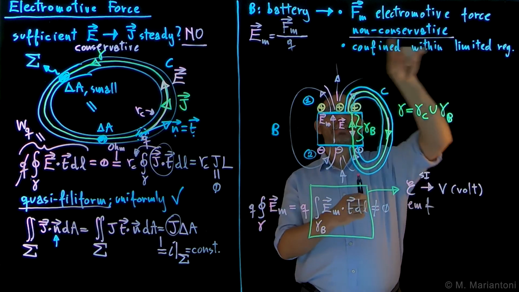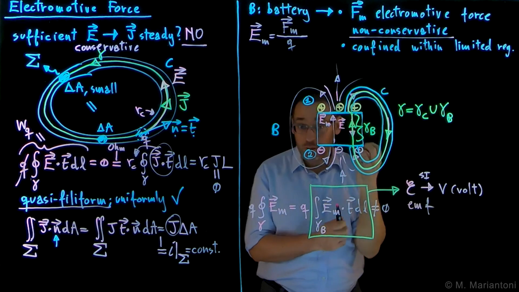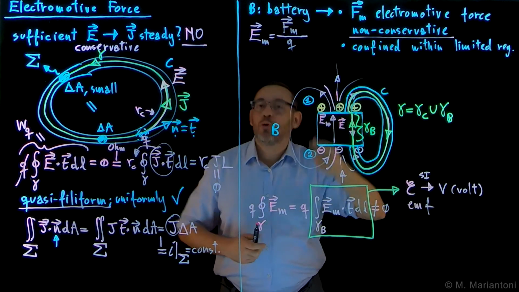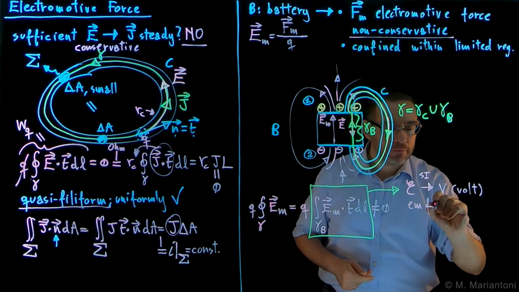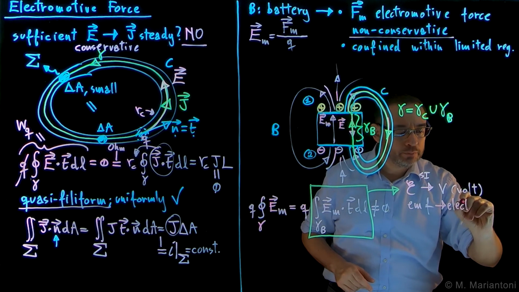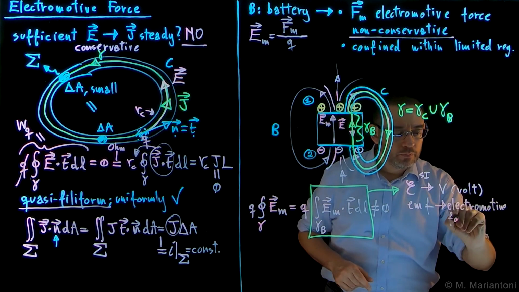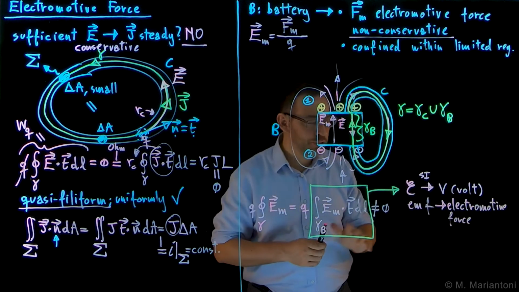Now, this is the actual force, clearly it's a force. This one is a scalar, with units of volt, and yet people call it the electromotive force, EMF. So it's very confusing, but that's the way it is. They're both called electromotive force.